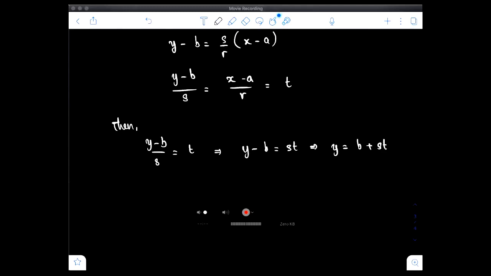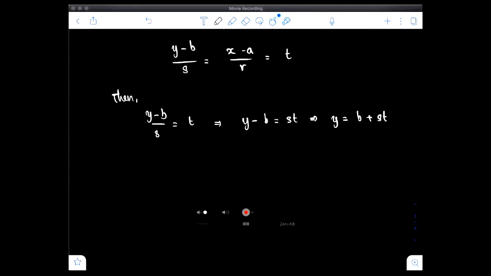Okay, so this is just one part of the parametric equations of the line. The second part is (x minus a) over r equals t. And from here, you can solve for x in terms of t. You get x minus a equals r times t, and x equals a plus r t.